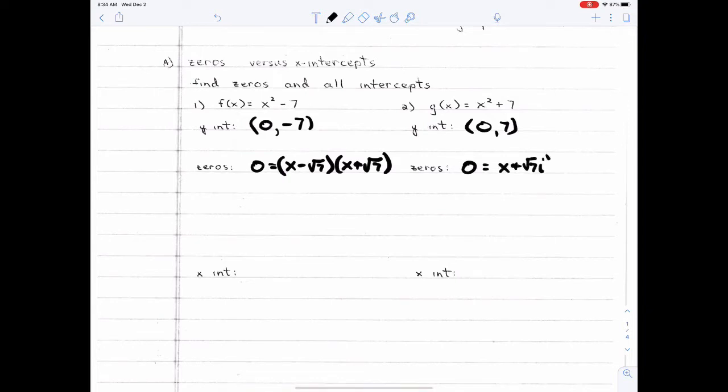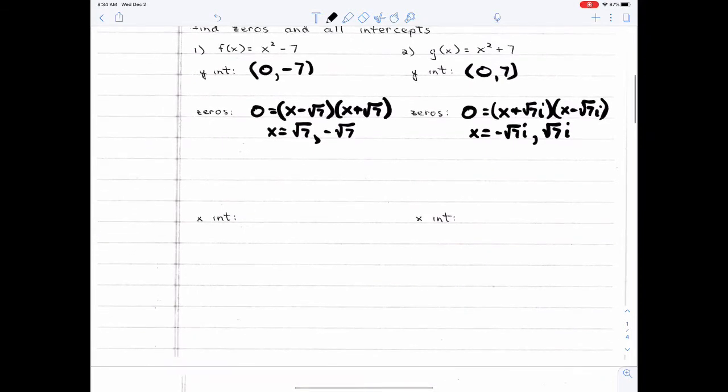And again, here you need imaginary numbers. So our zeros are going to be square root of 7 and negative square root of 7. And our zeros here are going to be negative square root of 7i and square root of 7i. Those are values for x that make y 0.